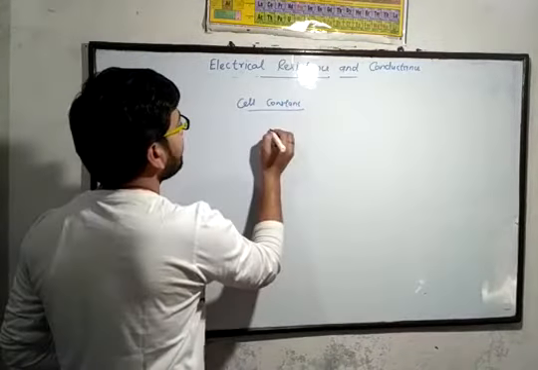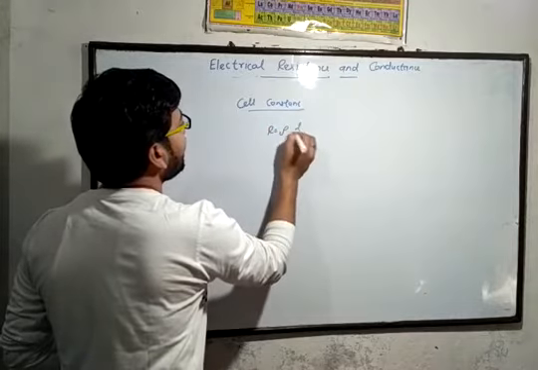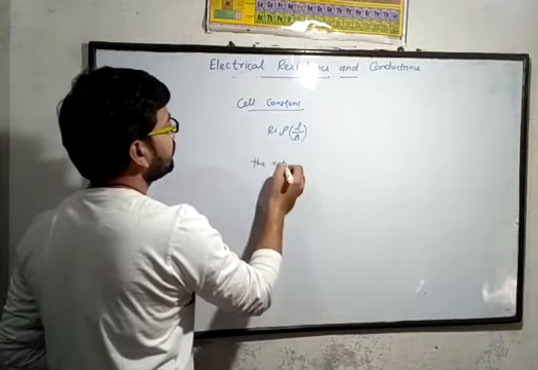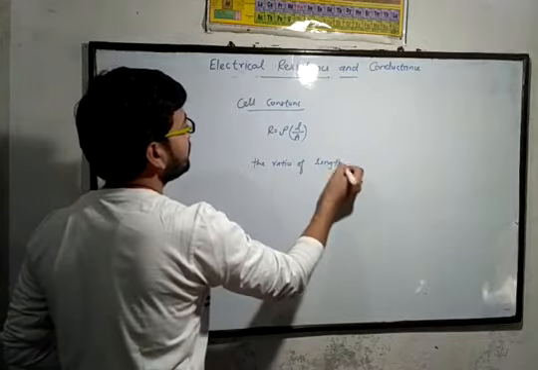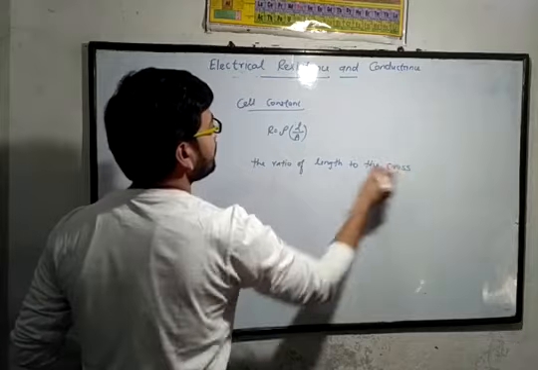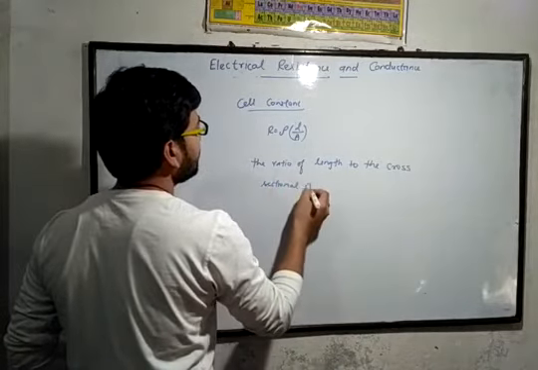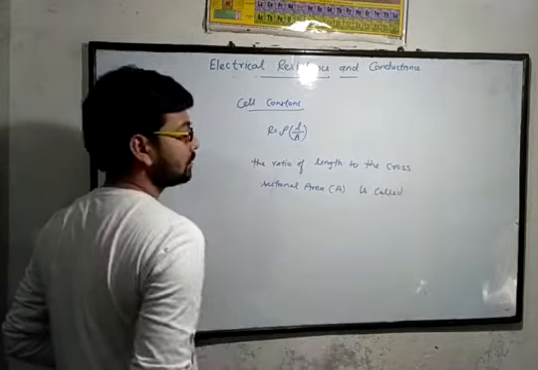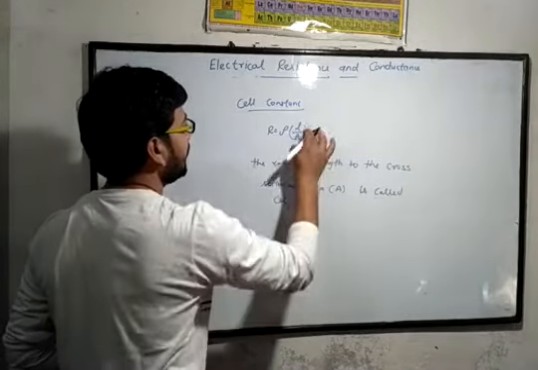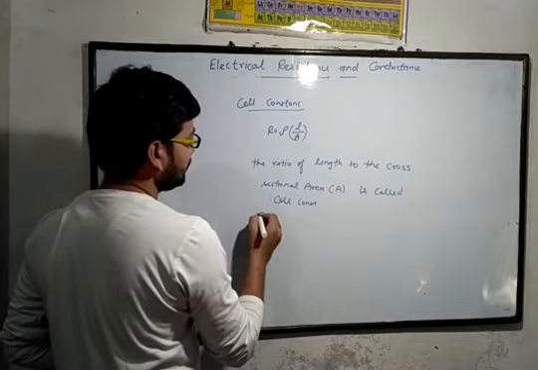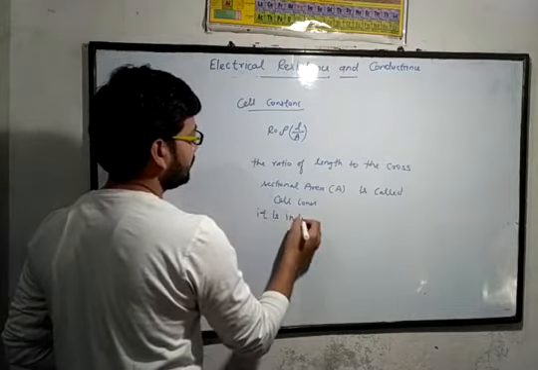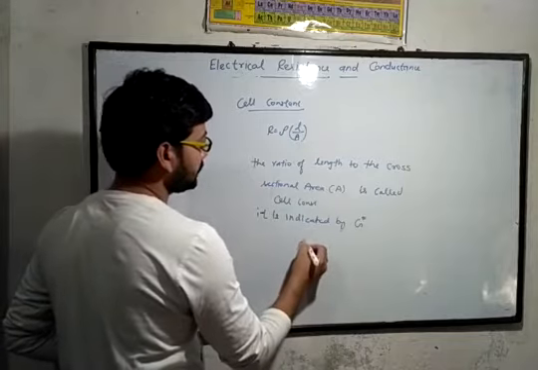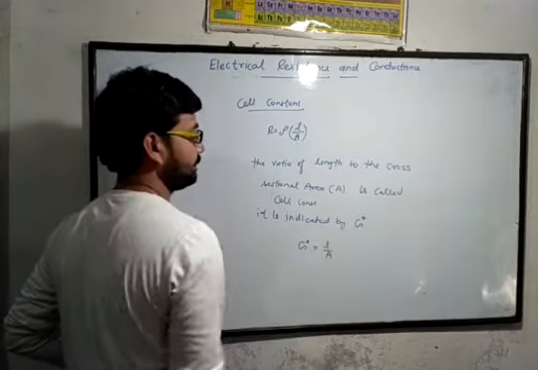As you know, R is equal to rho L upon A. The ratio of length to the cross sectional area A is called the cell constant, L upon A, and it is indicated by G star. So G star is equal to L upon A.